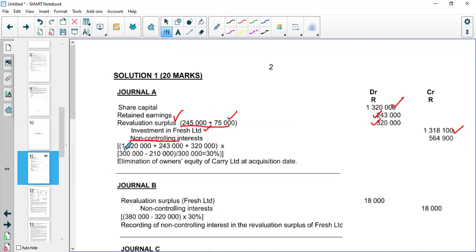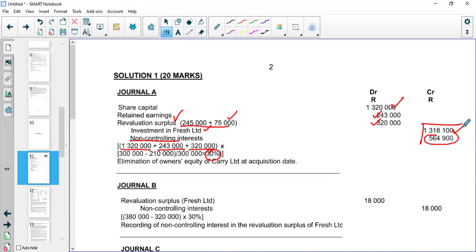So we take the equity of the subsidiary. So that's your share capital plus your retained earnings plus your revaluation surplus, then times 30%. All right, so 30% of that is going to be equal to this amount. So that's our NCI.